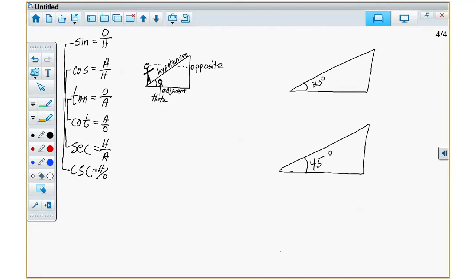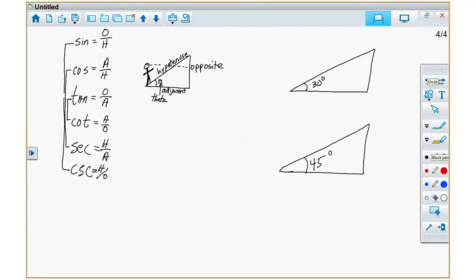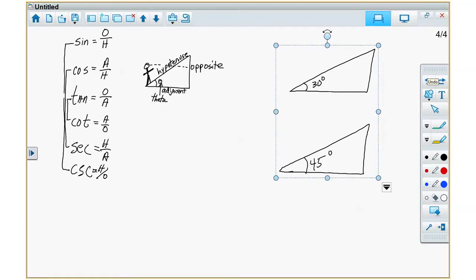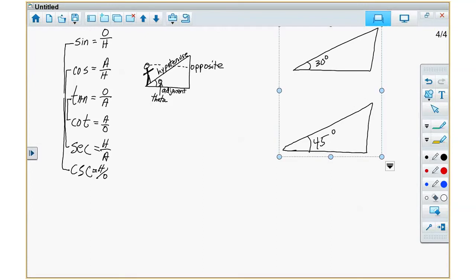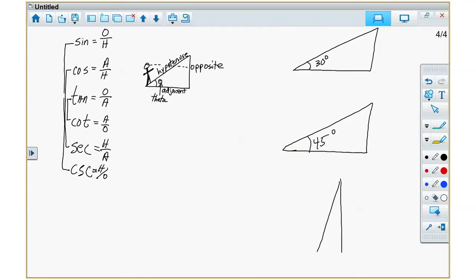And one is 60 degrees, which is the opposite of this one right here.